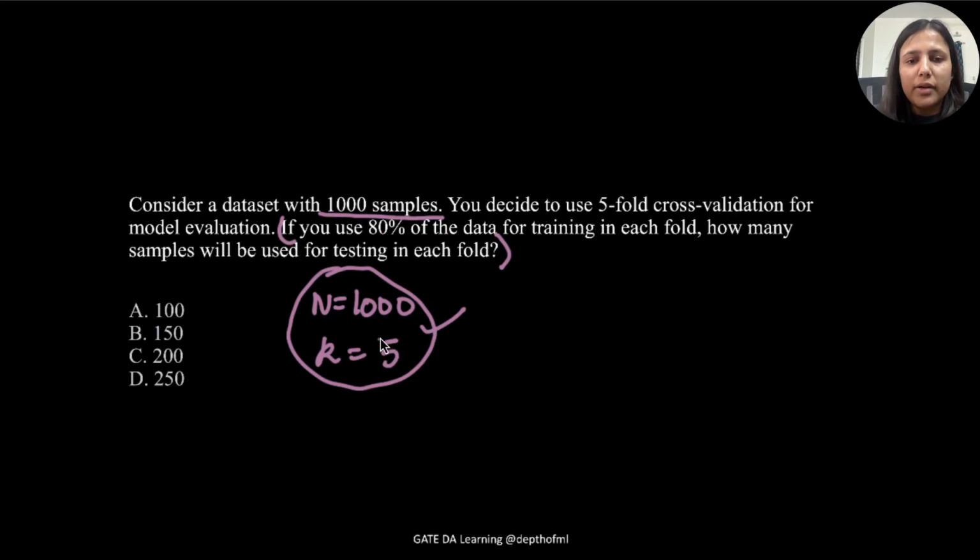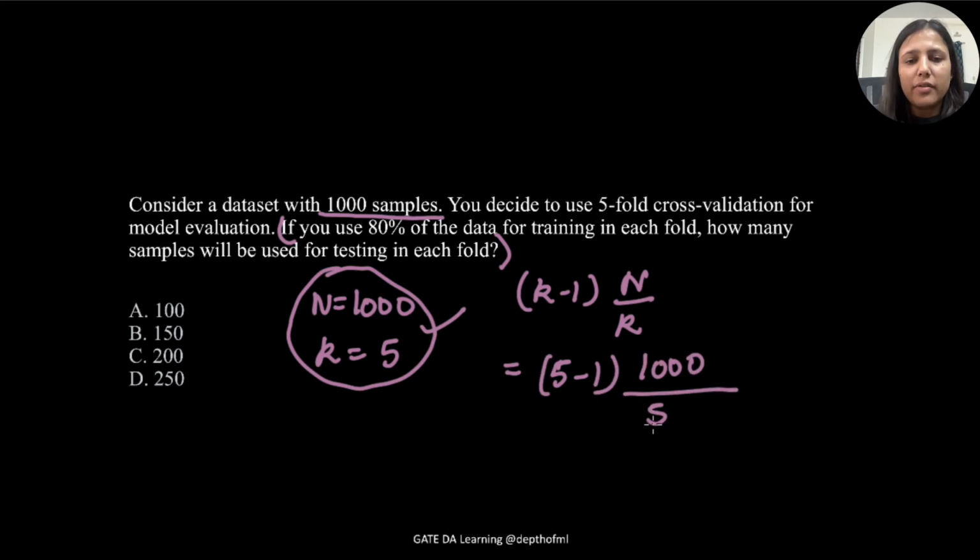We know that we use k minus 1 folds for training and every fold is of size n by k. Here we are doing 5 folds, so 5 minus 1 folds for training, and we have 1000 examples. So we have 4 into 1000 divided by 5, right?